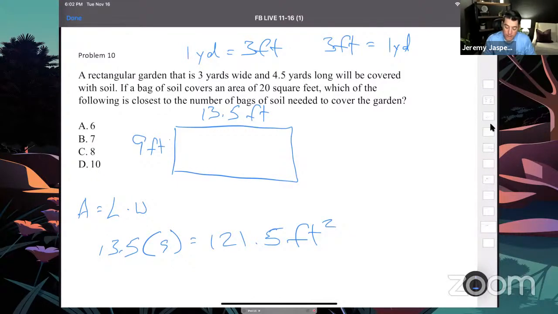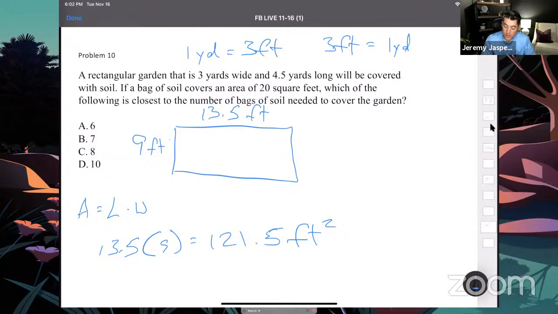The reason why we convert our dimensions before we do the area: some people will say, well, why can't we just do 3 times 4.5, get our number, and then convert that? Well, it doesn't work out that way because we are now in 2 dimensions. If I find the length of something, I could do 3 plus 4.5 and then convert it and I'd be fine.